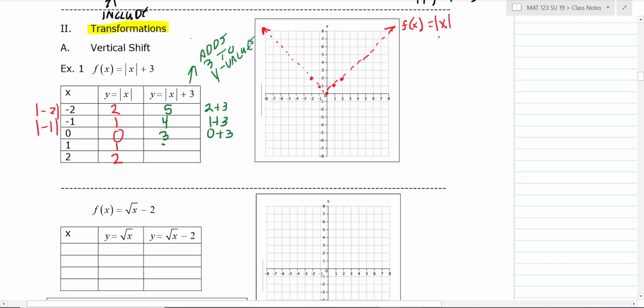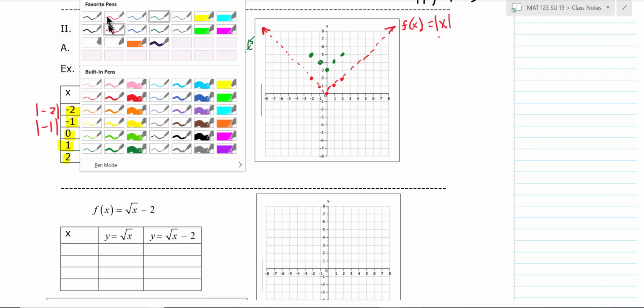So we plot these points: negative 2, 5, negative 1, 4, 0, 3, 1, 4, and 2, 5.